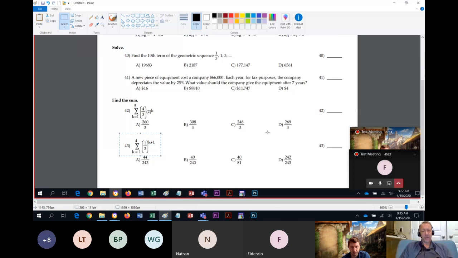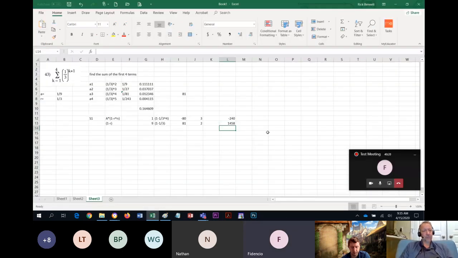That doesn't seem right. What am I doing wrong? Doesn't the 1/9 go on the numerator? Yeah, but it doesn't really matter. Oh, really? Yeah. What am I doing wrong?